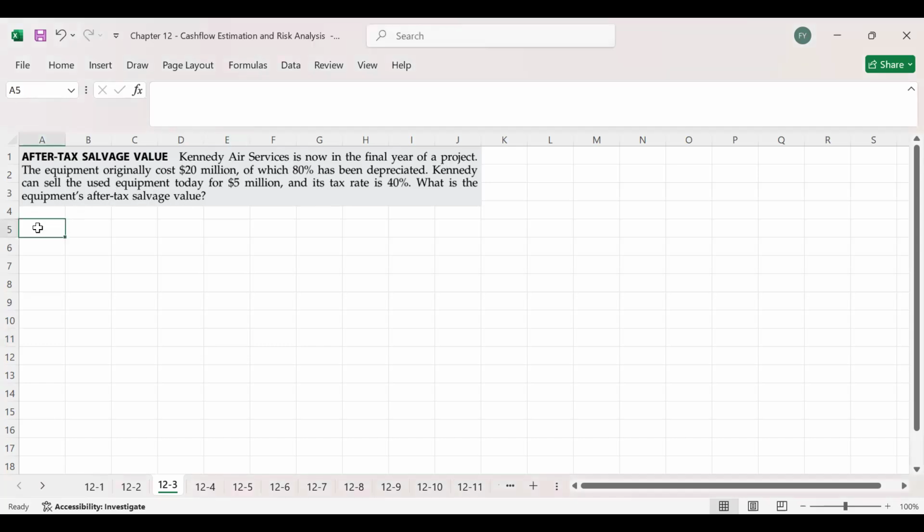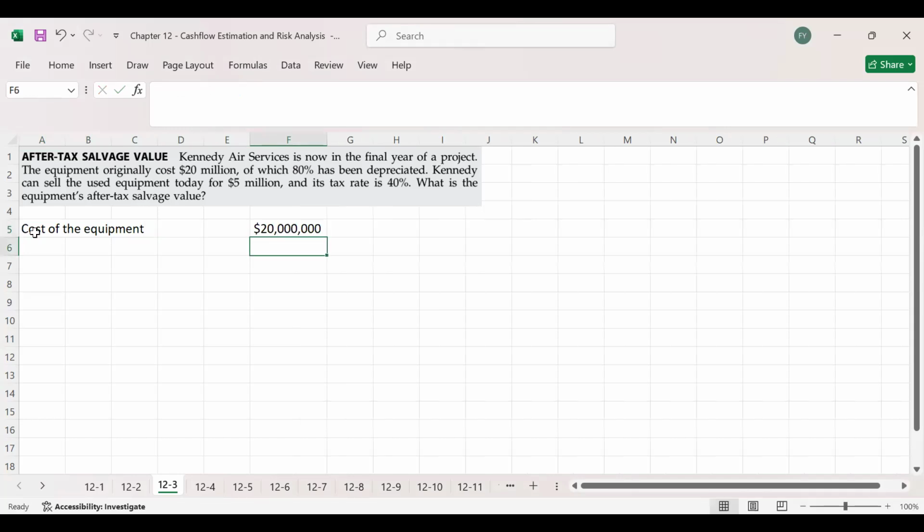So here we are going to calculate it. We have the cost of the equipment, which is 20 million. Then we deduct depreciation on it, which is 80% of cost.